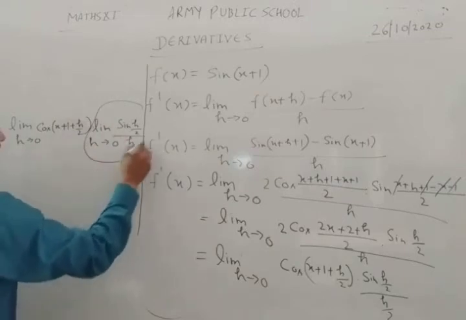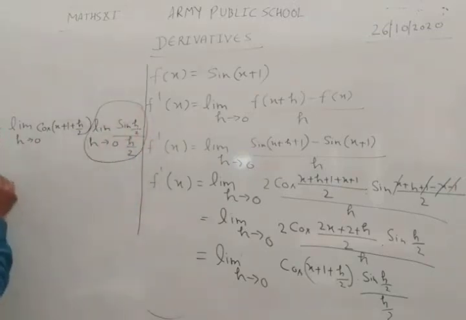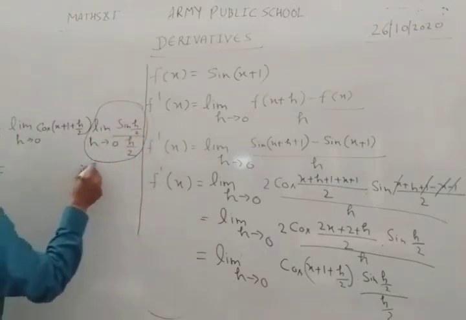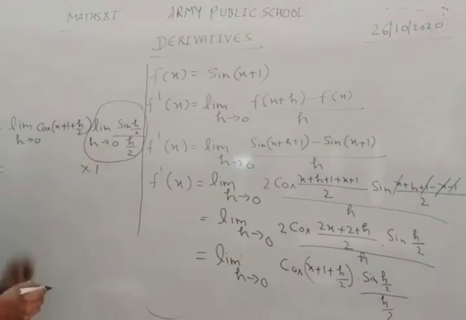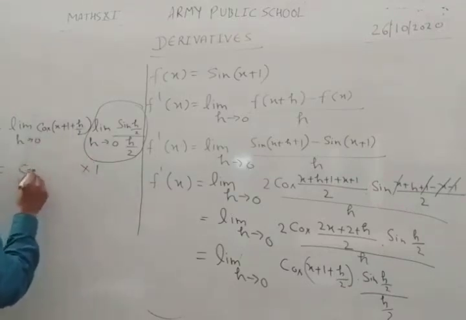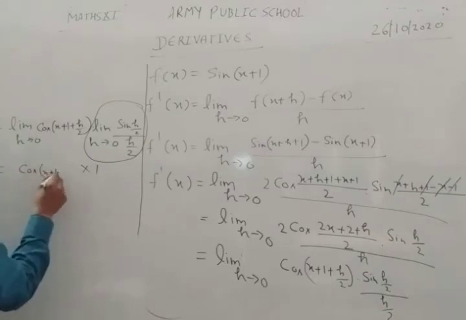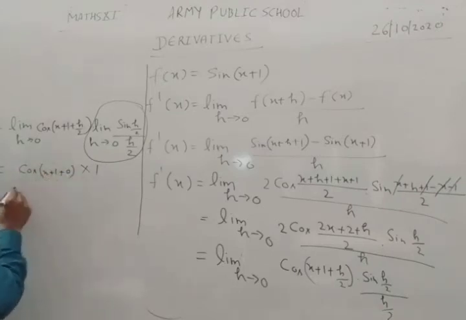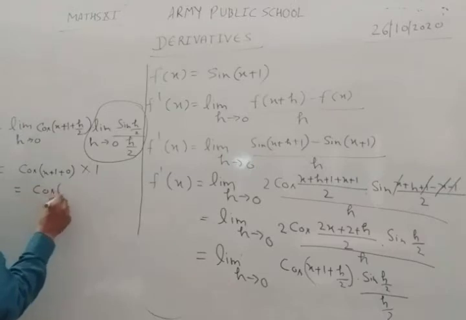This term will be 1 by the standard formula. Now we put the limit here, we get cos(x + 1 + 0). So our result will be cos(x + 1).